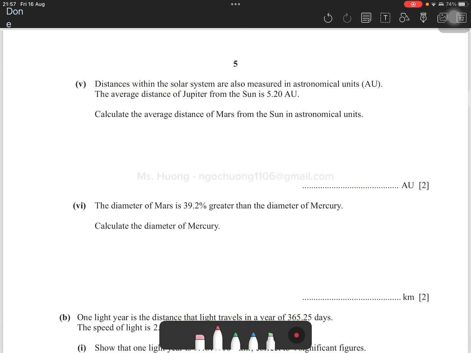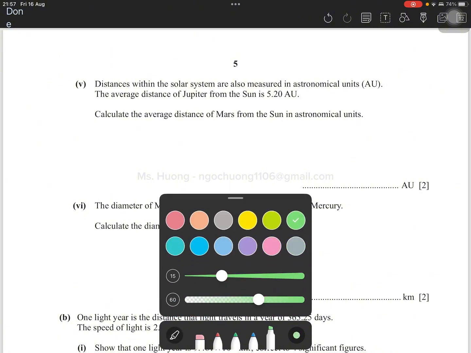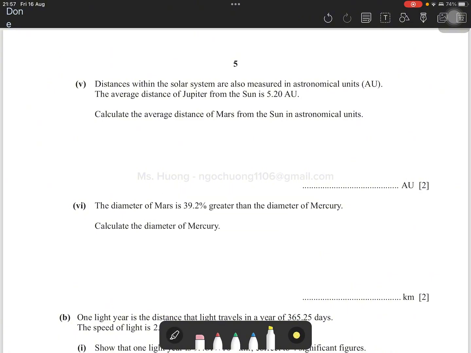The fifth question. Distances within the solar system are also measured in astronomical units, AU. The average distance of Jupiter from the Sun is 5.20 AU. Calculate the average distance of Mars from the Sun.